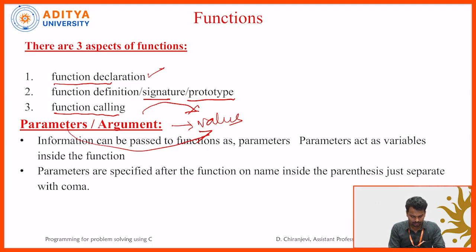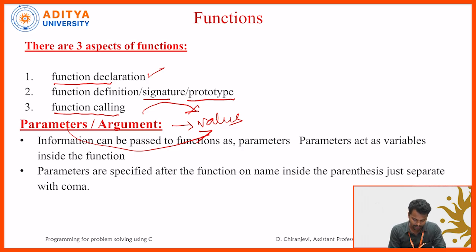These parameters or arguments are generally passed inside the parentheses of the function. After writing the function declaration or function definition, we pass these parameters or arguments. When you pass multiple parameters or arguments, you simply write them separated by commas.